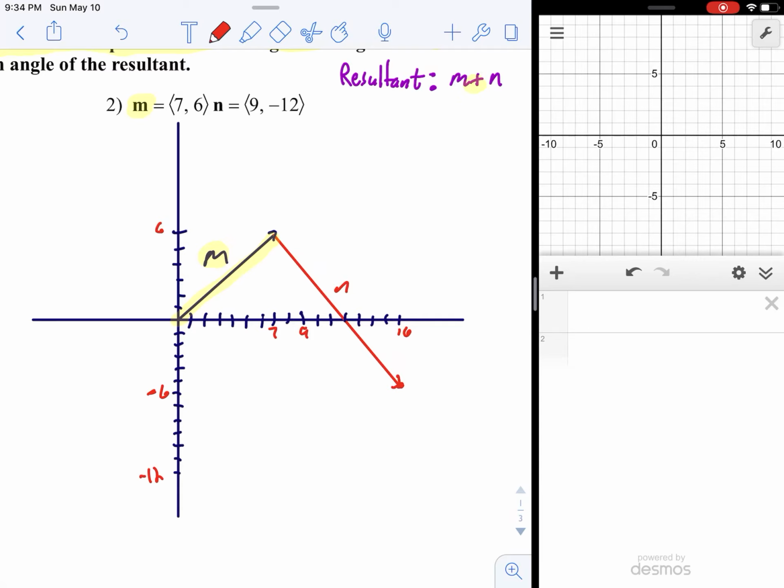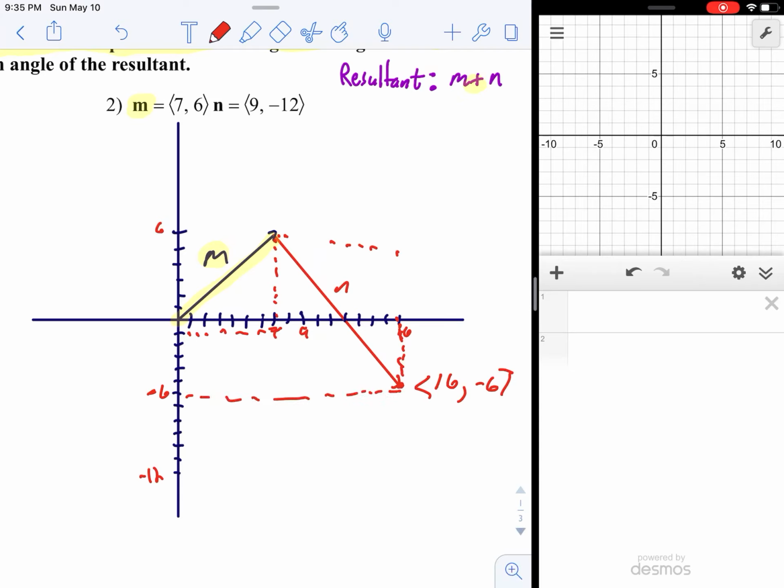So for m, I went over 7 and then up 6, plus n, I went over 9 and down 12. That negative 12 would be down 12. And where I end up is, if I drew everything properly to scale, I end up at the point (16, -6). So you can see that this lines up with 16 here and negative 6 there.